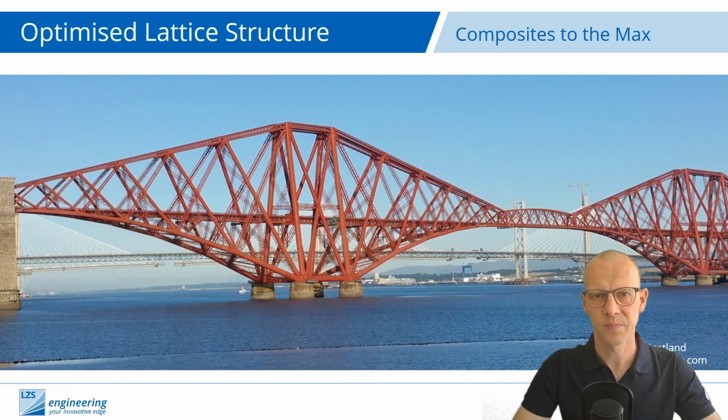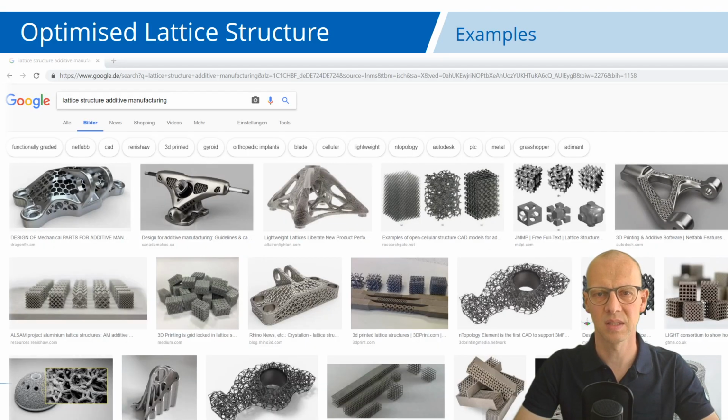And today, frameworks or their three-dimensional relatives, their lattice structures, have some kind of revival. And this is coming from the additive manufacturing technology. In additive manufacturing technology, you have two points. The first point is that with these technologies, it's quite easy to manufacture even the most complex lattice or grid structures.